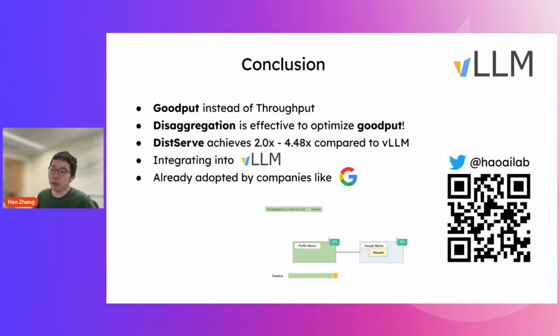We built a prototype system, DistServe, that achieves 2.x to 4.48x compared to vanilla vLLM. We are integrating into the vLLM community, and I think some other frameworks are also considering integrating this technique. From what I learned, it is already adopted in many companies, including Google. If you are interested, feel free to check out our paper and also the community updates.